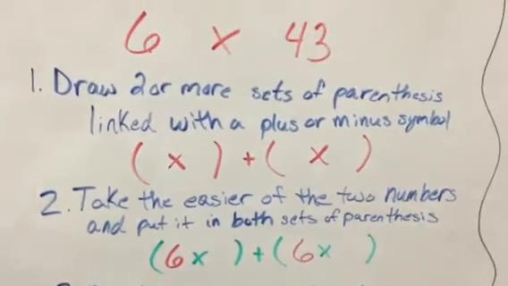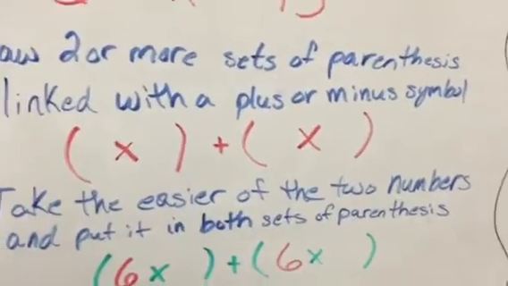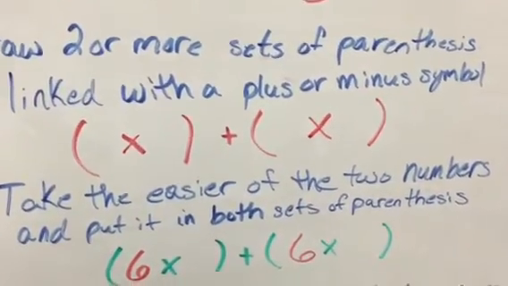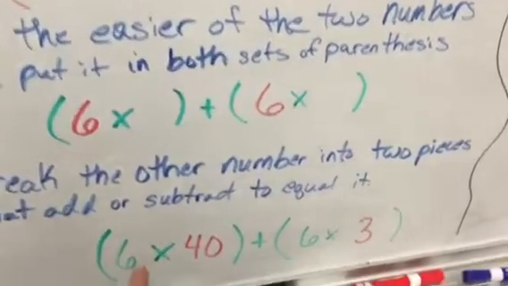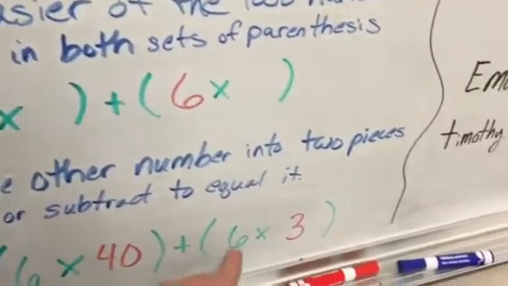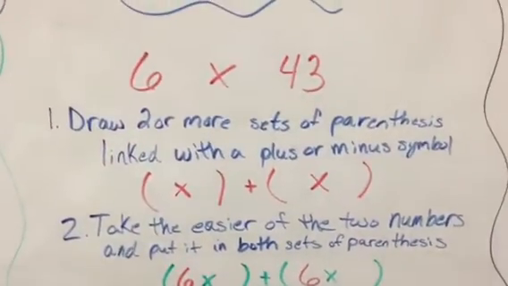So if my number is 43, what do you think I would put in each one of these? Pause the video and see if you can figure it out. You got it. I would put 40 and 3, because 6 times 40 plus 6 times 3 is going to equal 6 times 43.